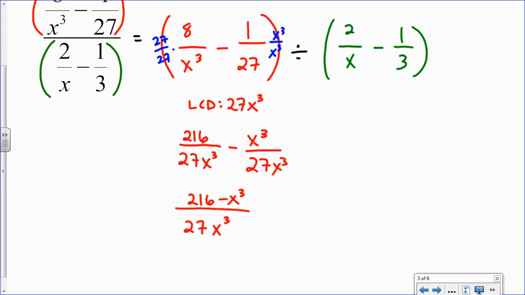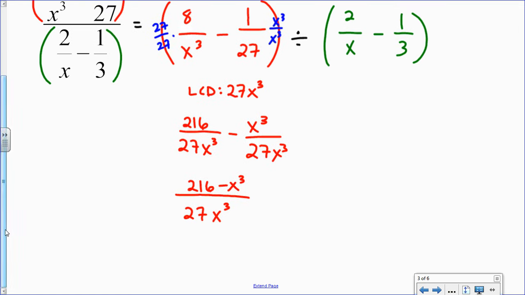Okay, we want to simplify our numerator as much as possible. So I don't have a common factor, but it actually does factor. I see I have a perfect cube here, so I need to check. Is 216 a perfect cube? Yes. To check, take the cube root. If it gives you a whole number, you know it's a perfect cube. What is the cube root of 216? 6. So it's a difference of cubes. So you need to look at how to factor difference of cubes. It's good practice for us to do.